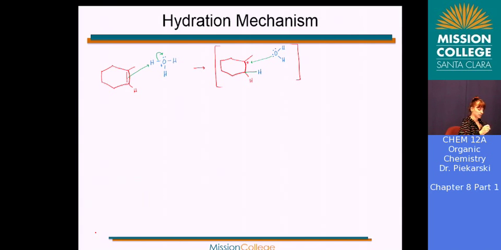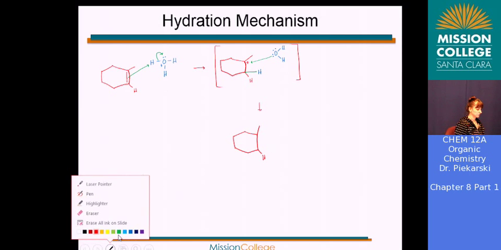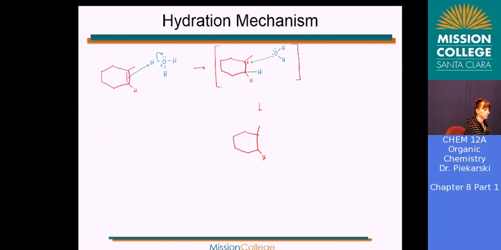Okay, so let's show that intermediate that we've created. And that oxygen has one lone pair and a +1 formal charge.